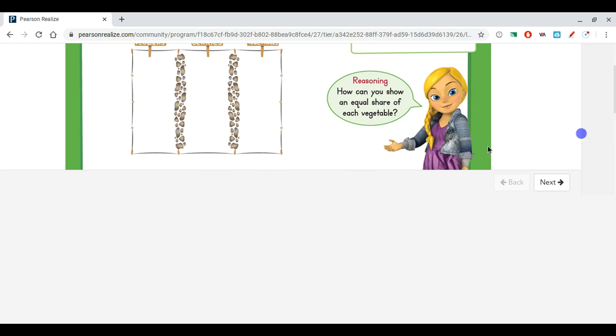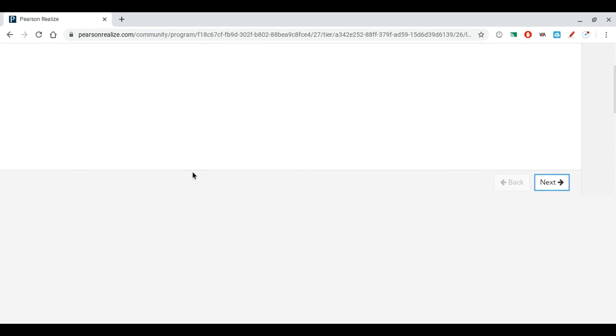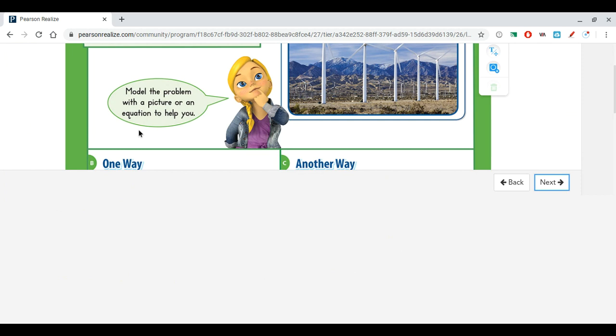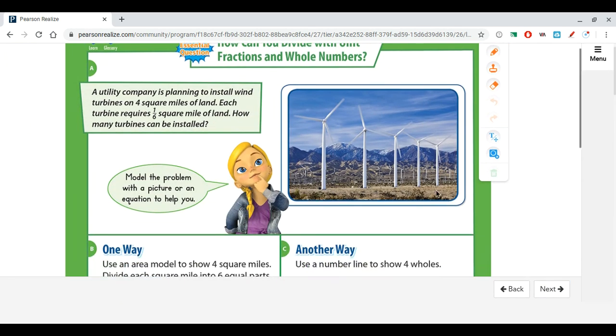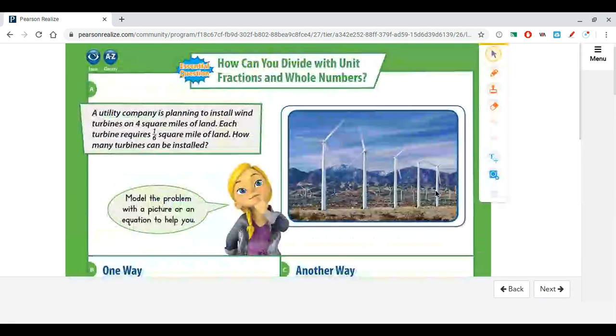All right. So if we move into our visual learning for today, it says: a utility company is planning to install wind turbines on 4 square miles of land. Each turbine requires 1/6 square mile of land. How many turbines can be installed?